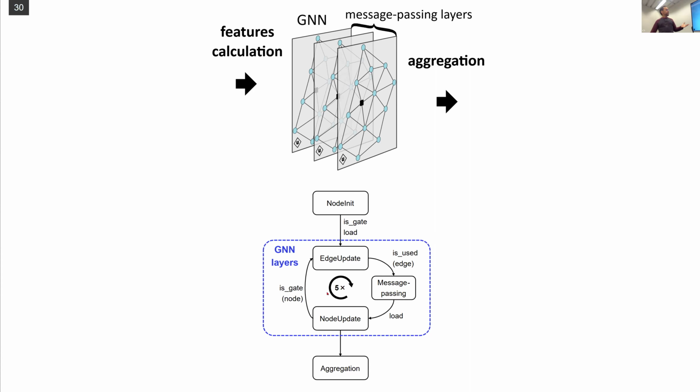And then after 5 cycles, I do the aggregation and I get directly a length estimate because I already know which edges are used. So this is a bit of a naive approach, but very, very explainable. It made sense to me at the time, but I'm looking forward to trying less explainable and more effective approaches.